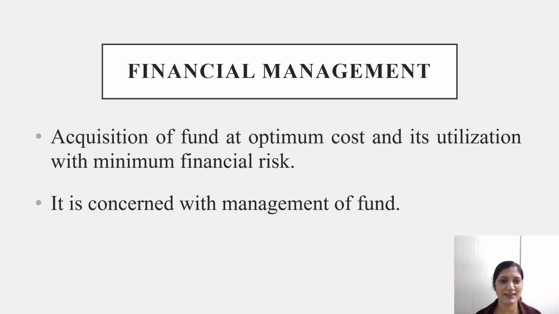Just to explain this: acquisition of funds at optimum cost means getting the money at a minimum cost, and utilization with minimum financial risk, because there is always a risk in business. Risk and return should run parallel. So this is financial management. It is concerned with management of funds. You have money, and you're going to manage it in a proper way.